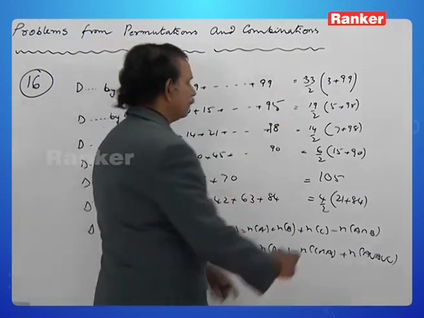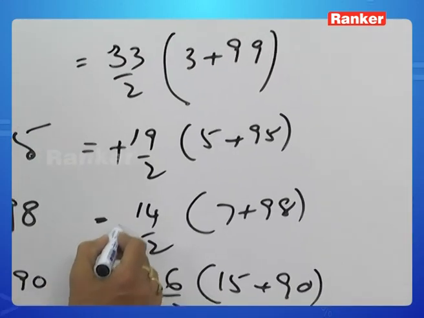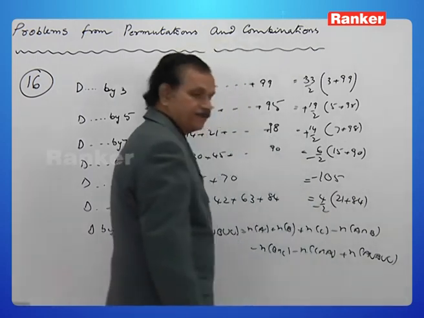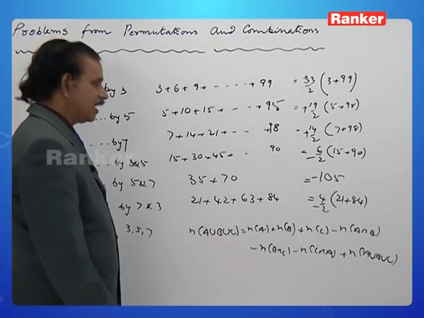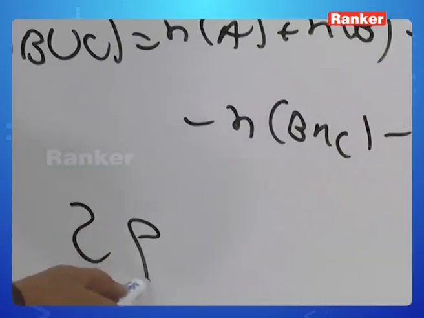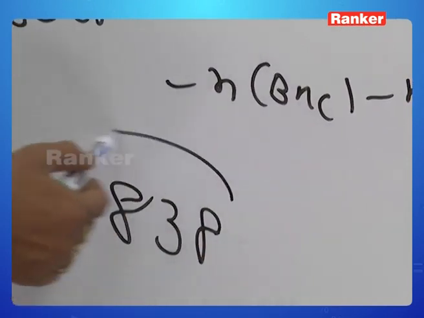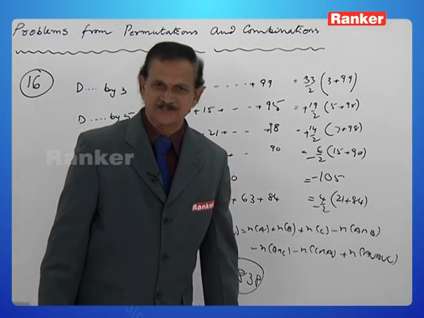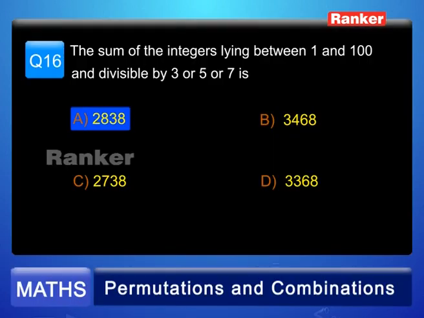Therefore, this sum plus this sum plus this sum minus minus minus. If you can calculate, that comes around 2838. Hence, the right option is the first option, that is option A, and the right answer is 2838 for the present question.